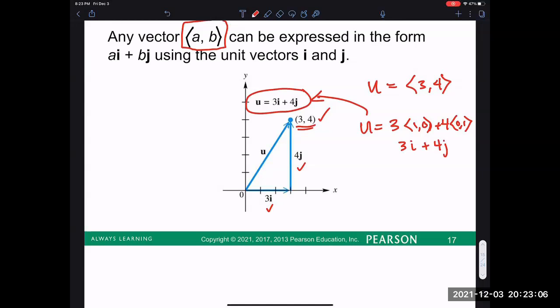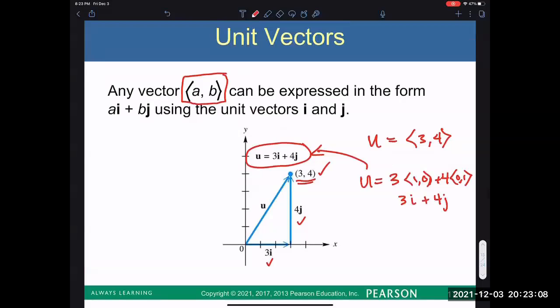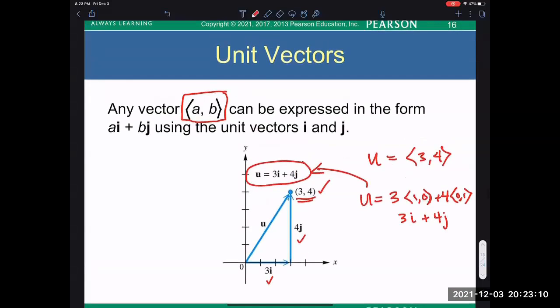Now, of course, it doesn't really look like we're doing much of anything, and I understand that completely from the perspective of a student looking at this for the first time. You just took the terminal point 3, 4, and translated that into a vector by putting vector brackets around it instead of parentheses. So that's step 1, to write 3, 4.